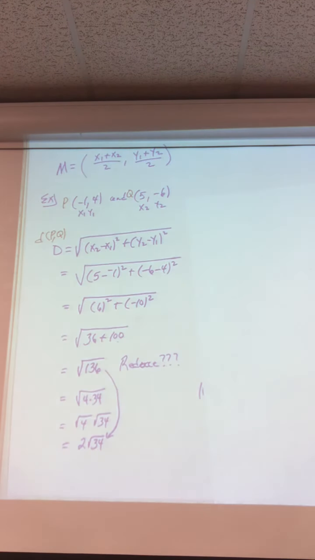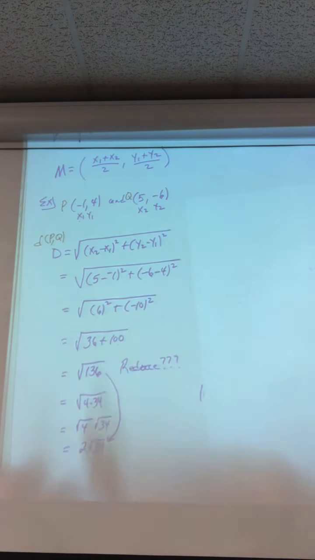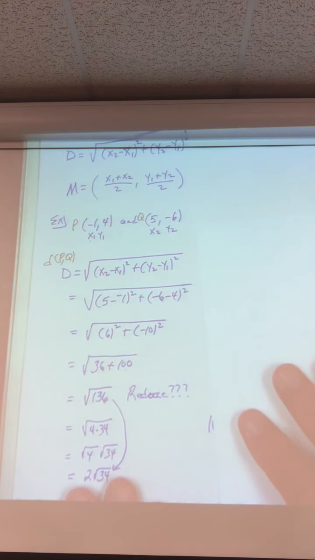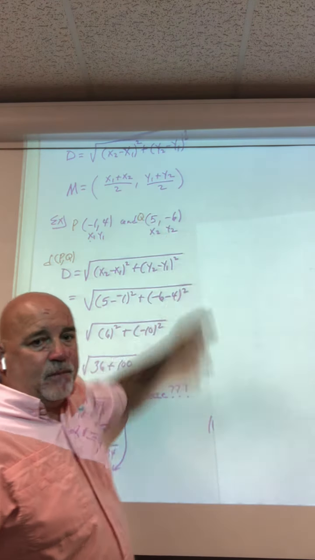So what you do first is you label X1, Y1, X2, Y2. Now, that labeling will never change. So this is XY, first point, XY, second point.